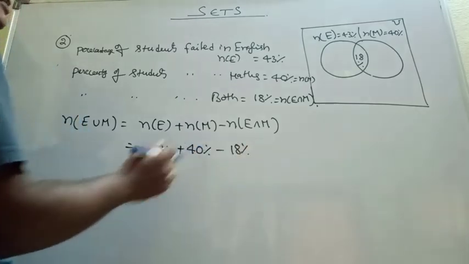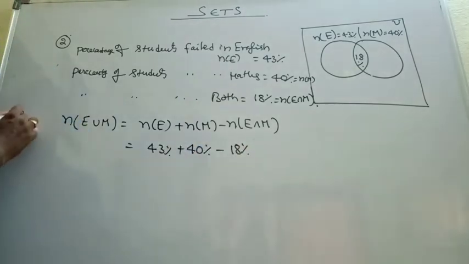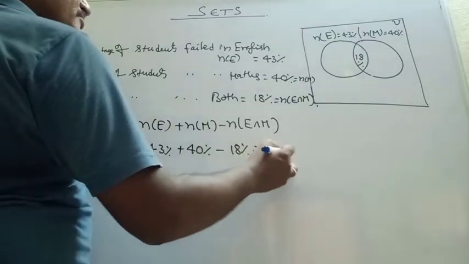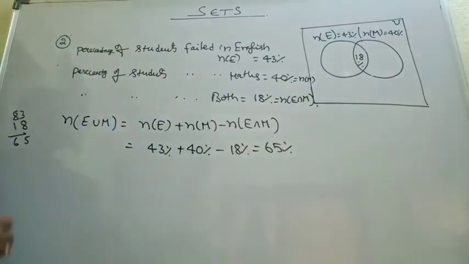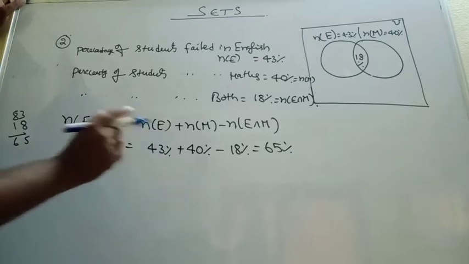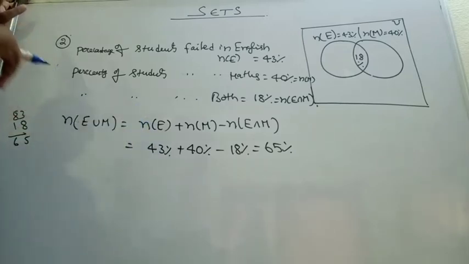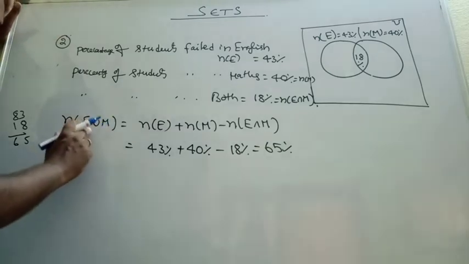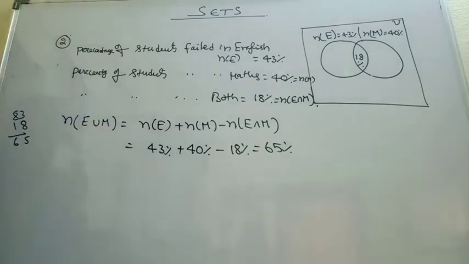Now 43 plus 40, 83. 83 minus 18. 13 minus 8, 5, 7 minus 1, 6. 65% you have got, my dear students. This 65% indicates the number of students who failed either in English or maths or both subjects. That is the meaning of E union M. They may fail either in English or maths or both.